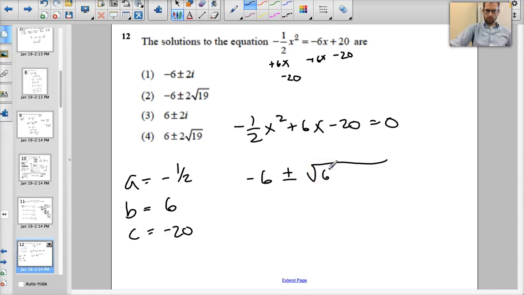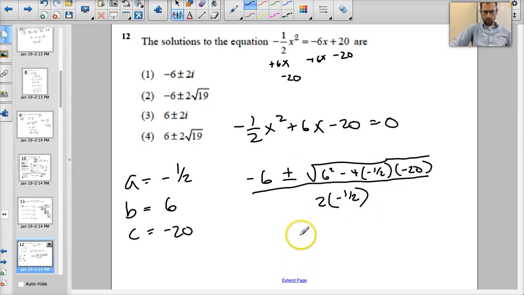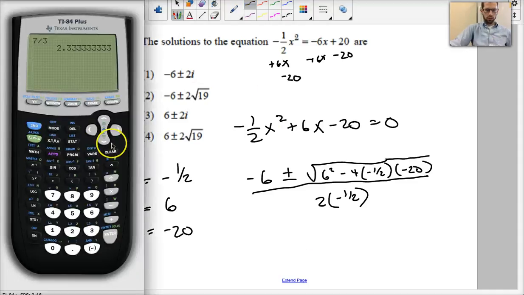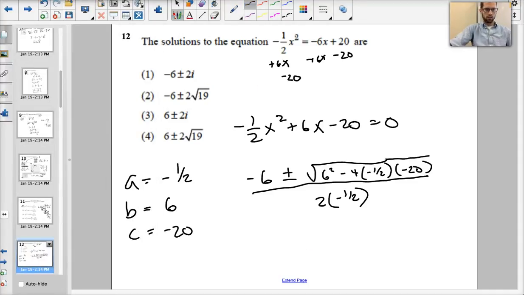So that's 6 squared minus 4 times my a term, which is negative 1/2, times my c term, which is negative 20, all over 2a. So 2 times negative 1/2. Alrighty. I'm going to go ahead and use my calculator because I'm feeling lazy.